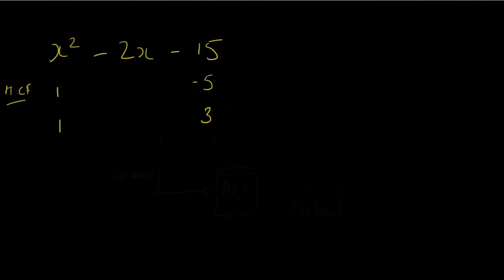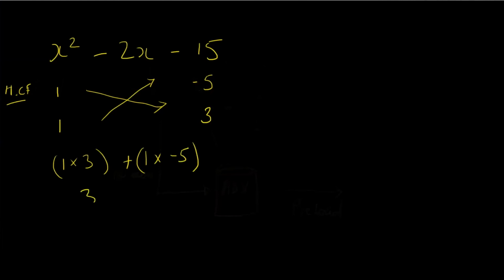I remember when we were doing this last week, when we did it with -5, we got a number that didn't work out, and then we moved the -5 to the -3. Absolutely. It's a bit of trial and error, but we do this. So what we do now is we do a cross multiplication. I work out 1 times 3 plus 1 times -5.